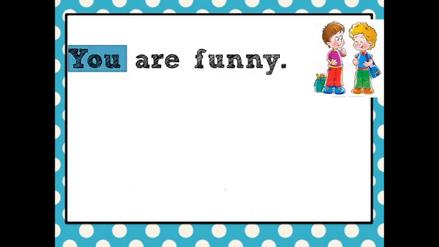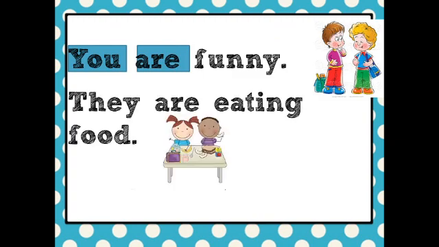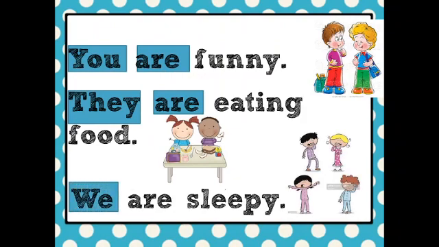I just told you whenever you are using you, use are, the helping word. They are eating food. They is for more than one. And for more than one, we use are. We are sleepy. We is used for more than one. And for more than one, we use are.